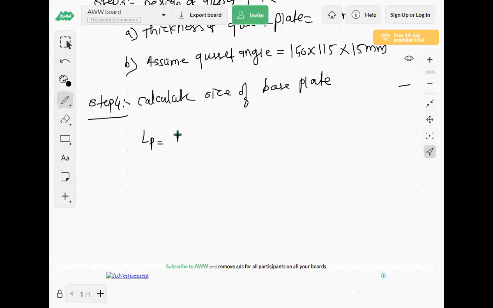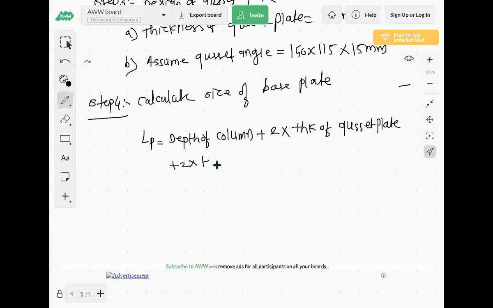How to calculate length of plate? Length of plate we can calculate by using this formula: depth of column plus 2 into thickness of gusset plate plus 2 into length of connected leg to base plate plus overhang.